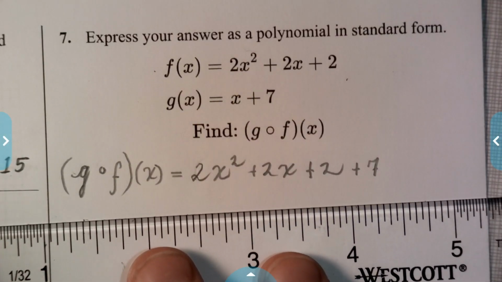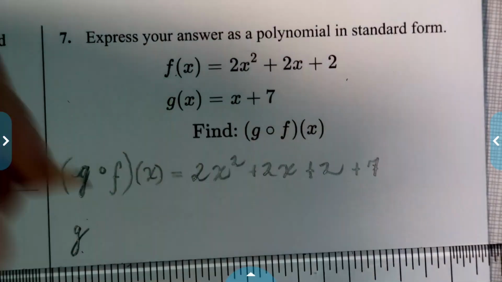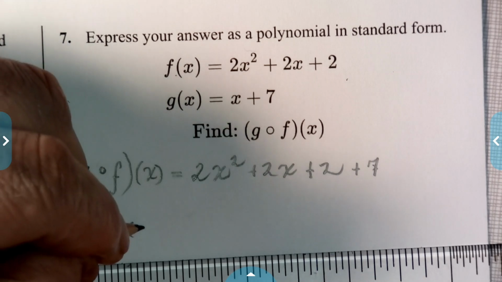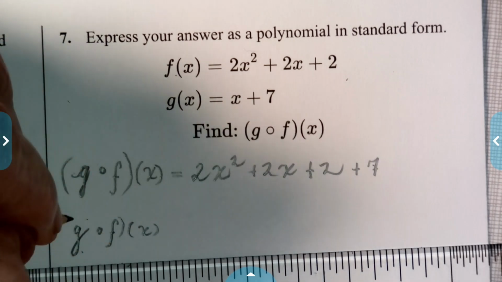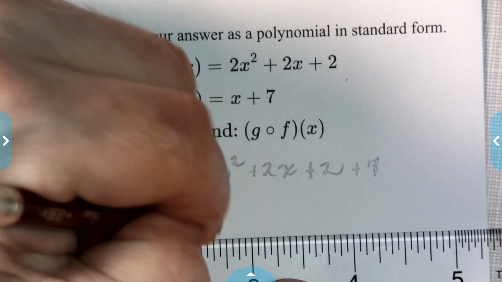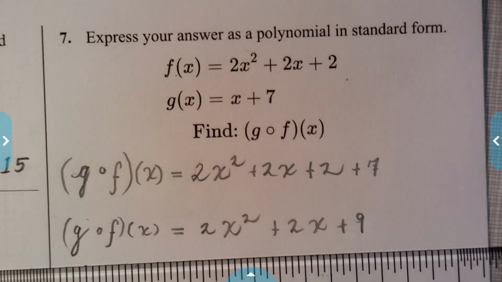And the only thing we have to do here is add 2 and 7. So g of f of x is equal to 2x squared plus 2x plus 9. And that's it. That was a quick problem.